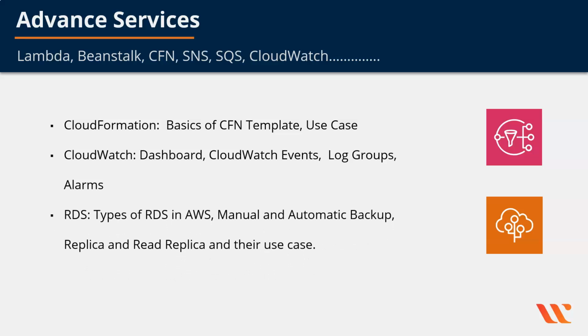If I talk about RDS, you should know what are the types of RDS available in AWS, what is manual backup, what is automated backup, what is replica and read replica, and their use cases. For Simple Queue Service and Simple Notification Service, you should be aware of use cases, features, and functionalities.